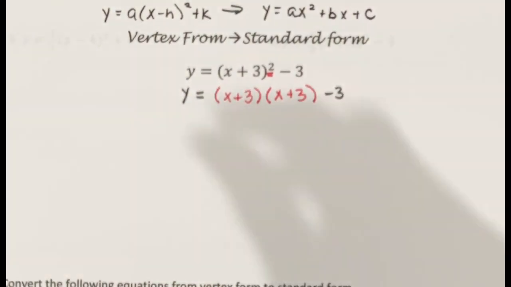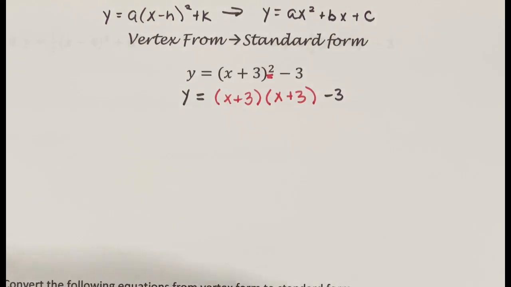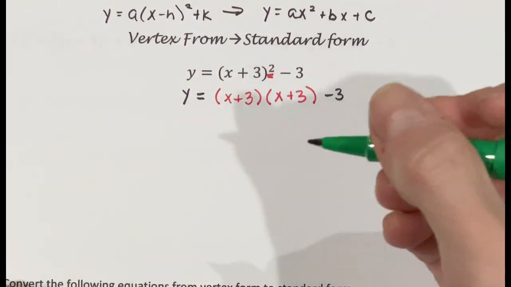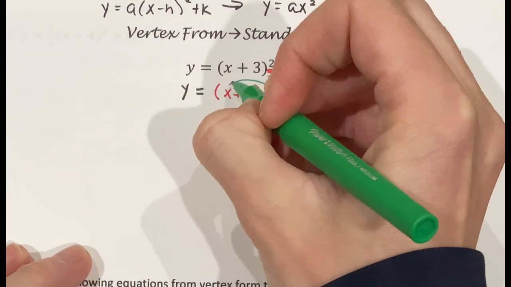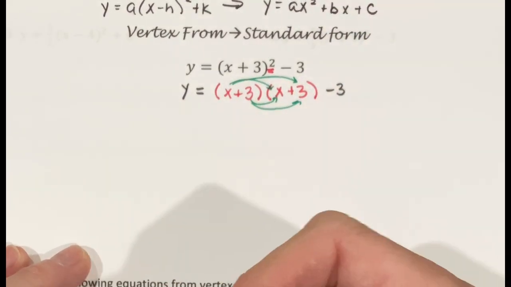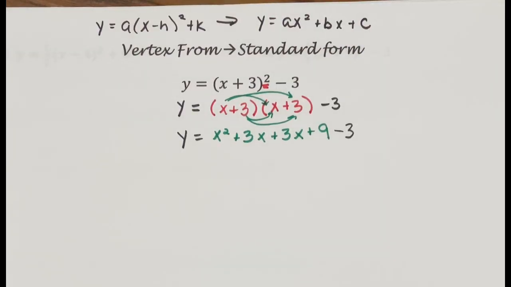To simplify x plus 3 times x plus 3, we can either use the box method or the double distribute method. Here I'm going to use double distributing. So I end up with y equals x squared plus 3x plus 3x plus 9 minus 3.